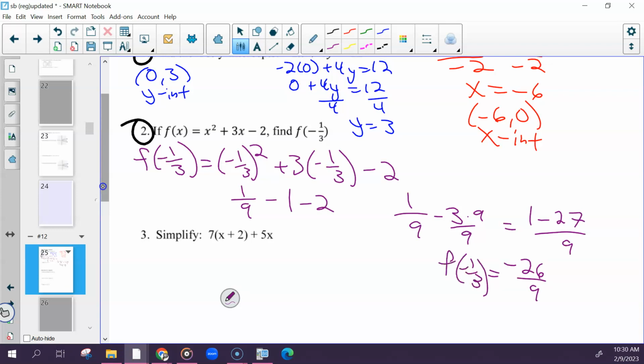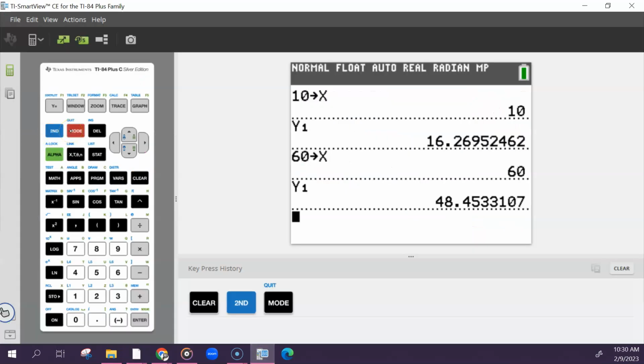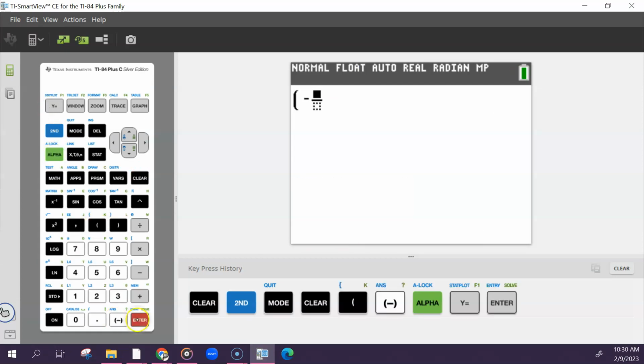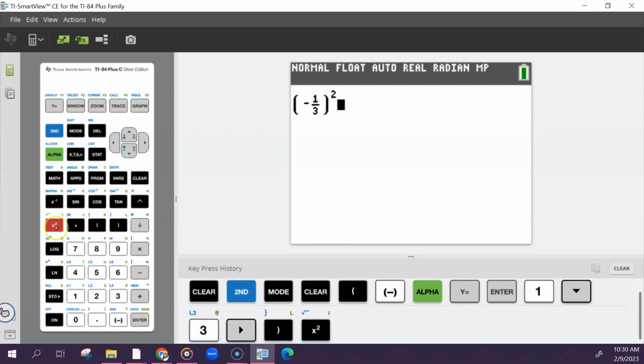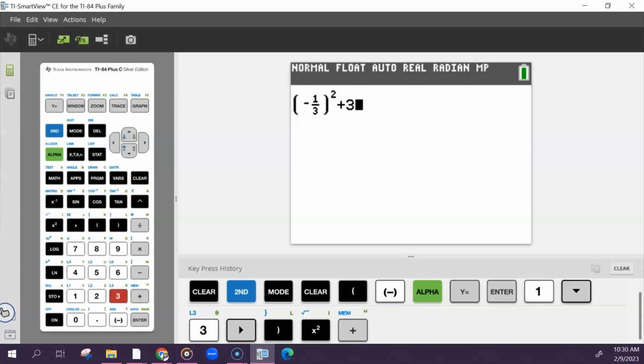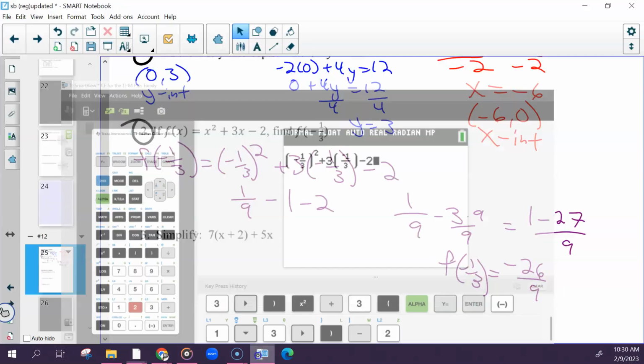Let's check in my calculator. So we had -1/3, all of that being squared, plus 3 times that -1/3, minus 2.